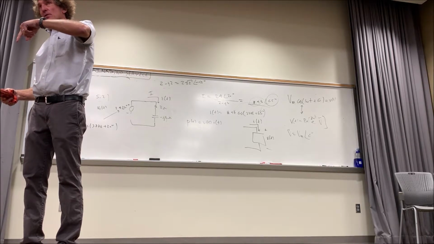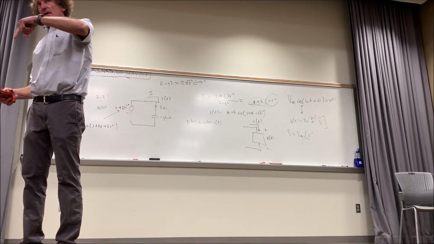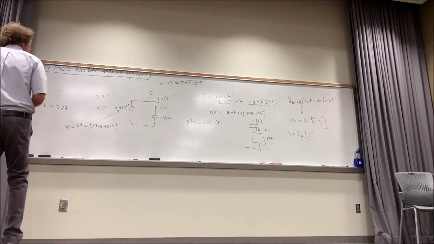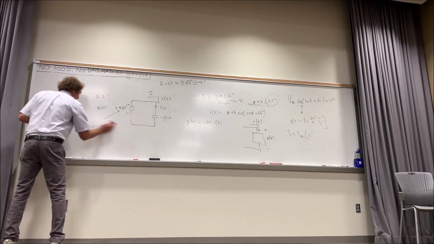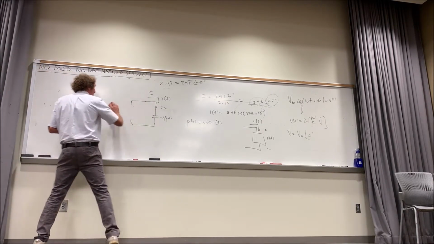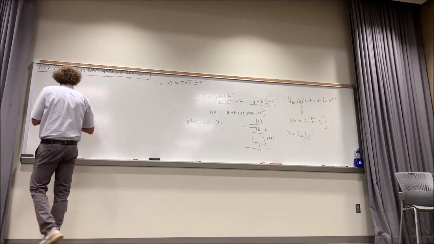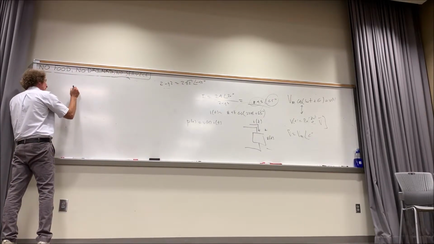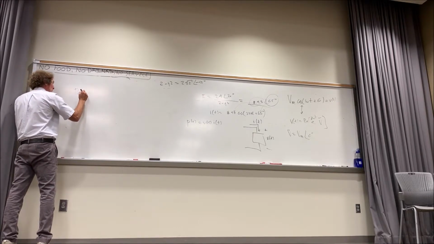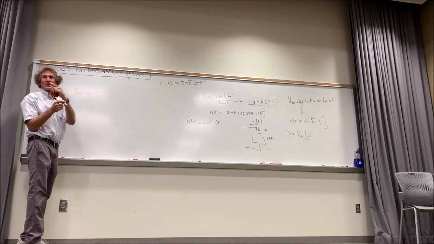Now for power, because of that, if you wanted the power, I'm just going to write this down. I was going to get to it in the lecture, but I'll answer it now. If we're talking about RMS values, then power in general, P average, is the average power associated with any circuit.